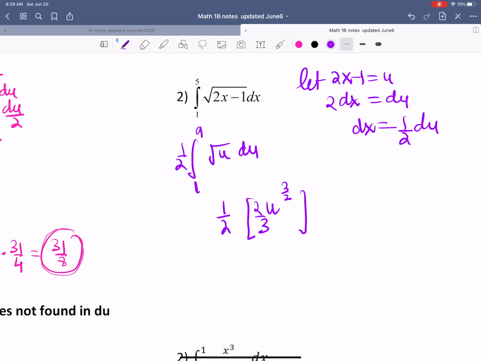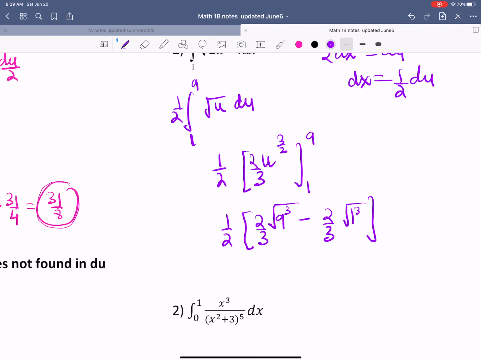No need to add a c. It's a definite integration. My bounds are 1 to 9. So we have 1/2 times 2/3 times 9 to the 3/2 minus 2/3 times 1 to the 3/2. Okay, what is square root of 9?